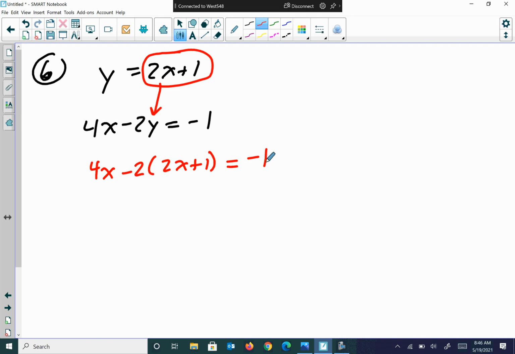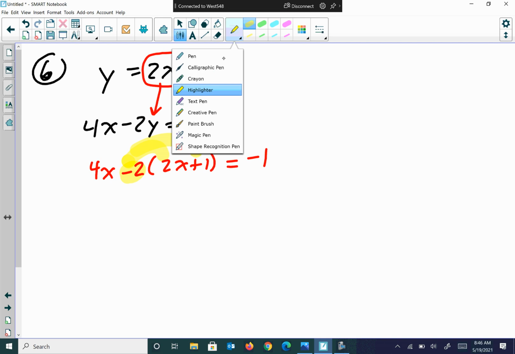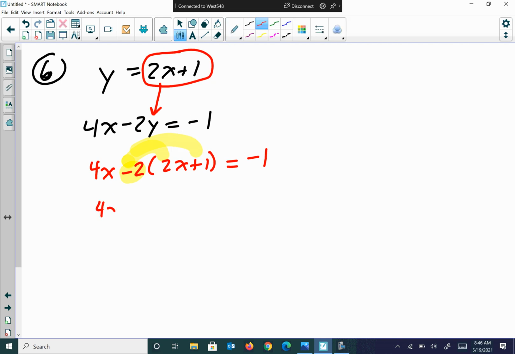Okay, a lot of people say, oh, I'm just going to distribute 2. Well, friends, please remember, if you have a negative preceding, that negative gets distributed to both. So then I get 4x minus 4x minus 2 equals -1. Those cancel, so I wind up with something that looks like this.